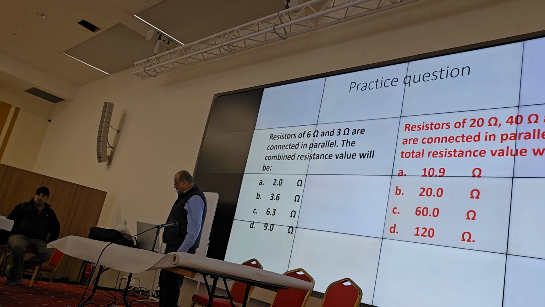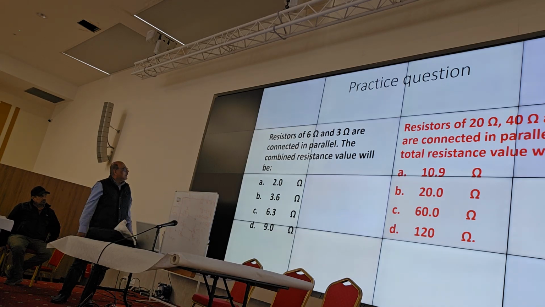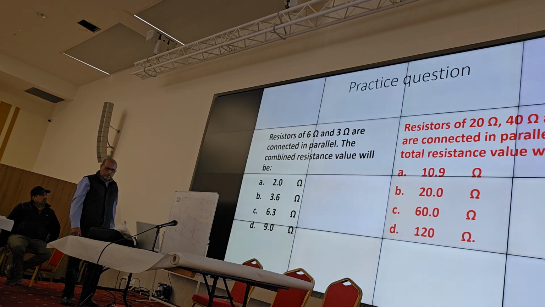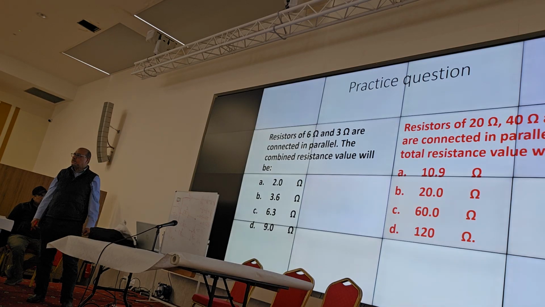He says 6 ohms and 3 ohms, two resistors in parallel. Calculate the combined resistance. I will tell you why you need to learn about series and parallel circuits. So what is the correct answer? It's 1 over 6 plus 1 over 3. Is it 2 ohms?